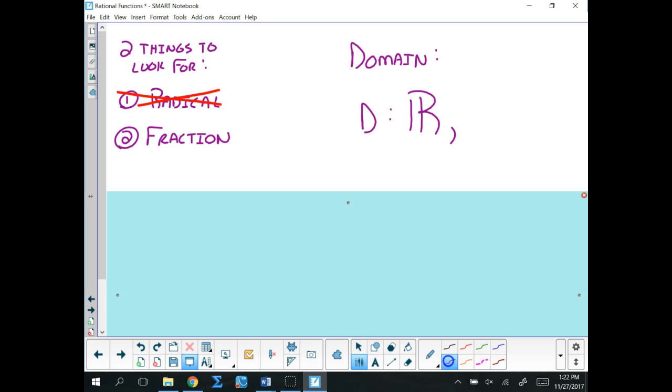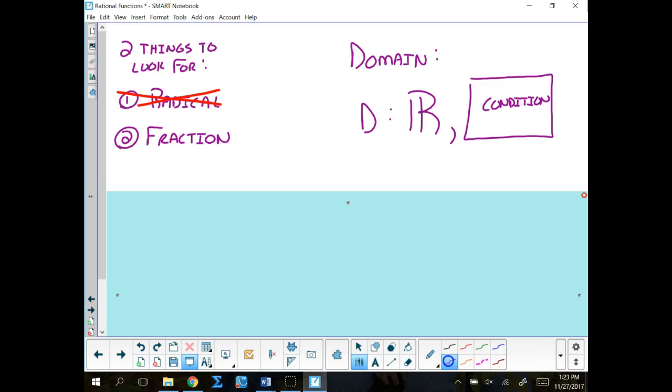And then there's a condition. Okay? It doesn't start with x is greater than 4, comma, all real numbers, which was about 50% of the people on the test. Then there was about 35% of people that just put the condition down.